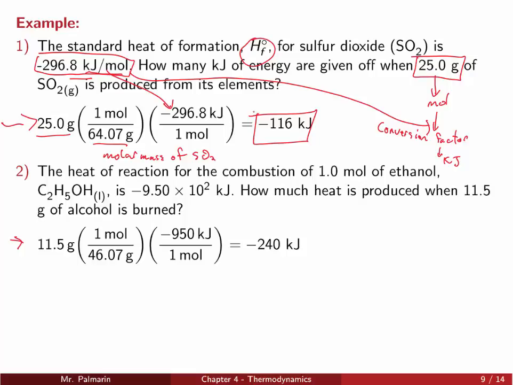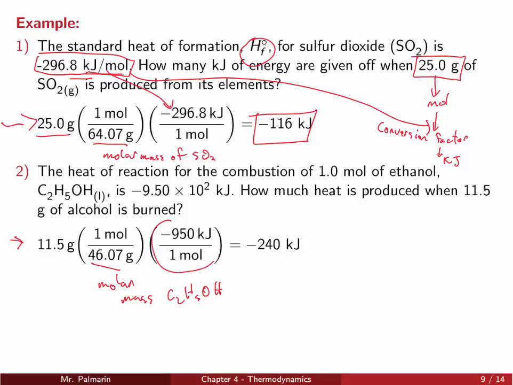The next one will be the same thing. The heat of reaction for the combustion of 1 mole of ethanol is negative 9.50 times 10 to the 2 kilojoules. How much heat is produced when 11.5 grams of alcohol is burned? So this will be the same thing here. 11.5 grams. Here, this is the molar mass of C2H5OH.